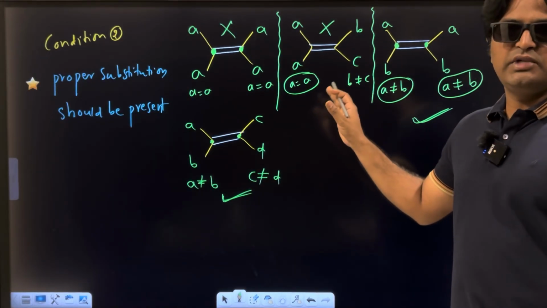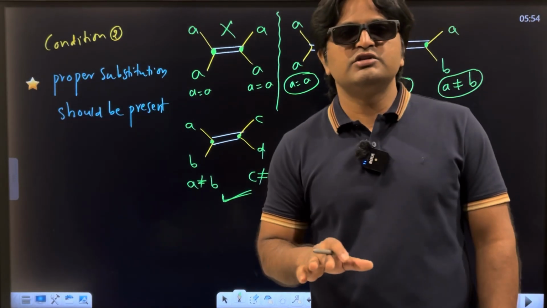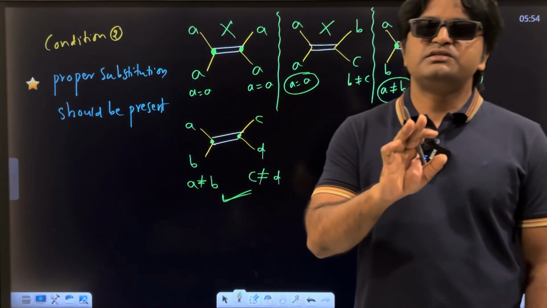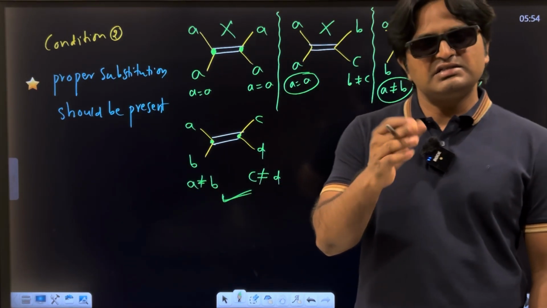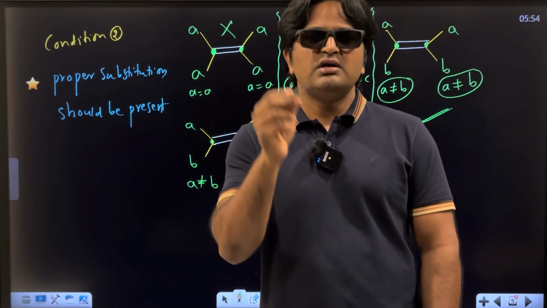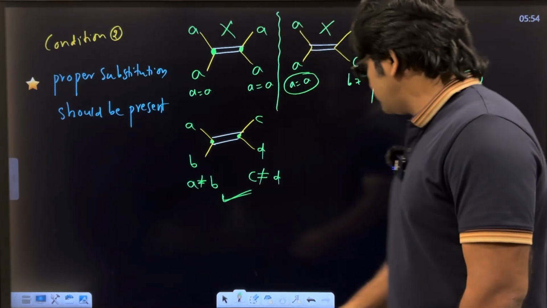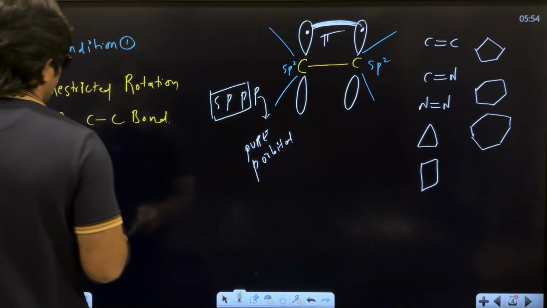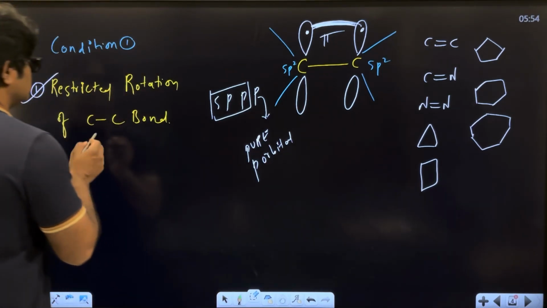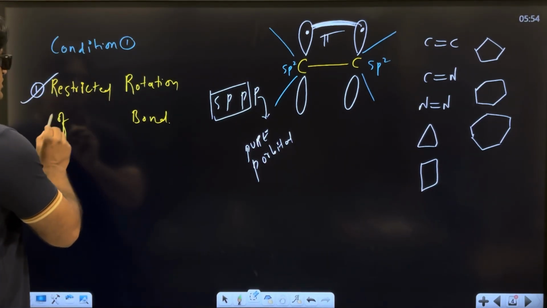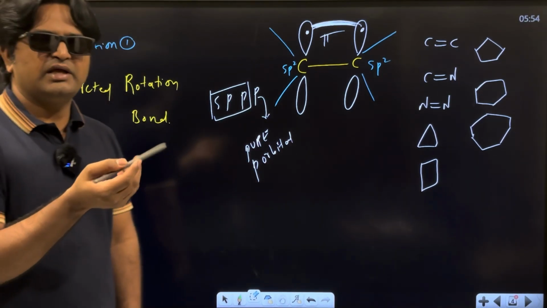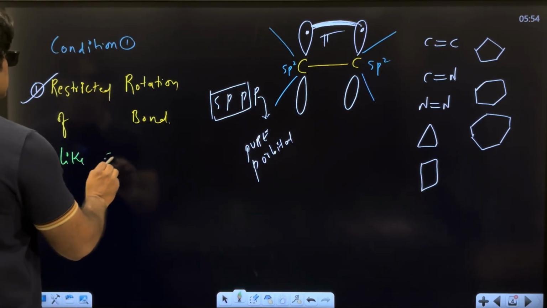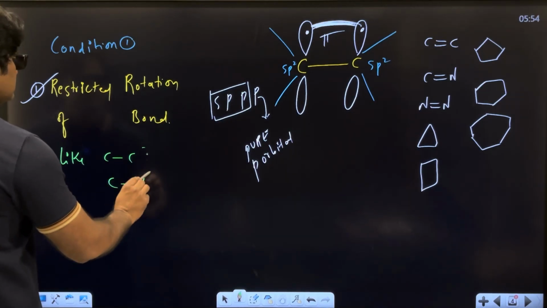Now this is the condition, right? So once again, in geometrical isomerism, what are the three important special conditions? First one, restricted rotation of the C=C bond, and restricted rotation of multiple bonds also. Why? Because sometimes we are taking the C=N bond also. Here we can generalize like this: restricted rotation of a bond, like C=C bond, C=N bond, like that.